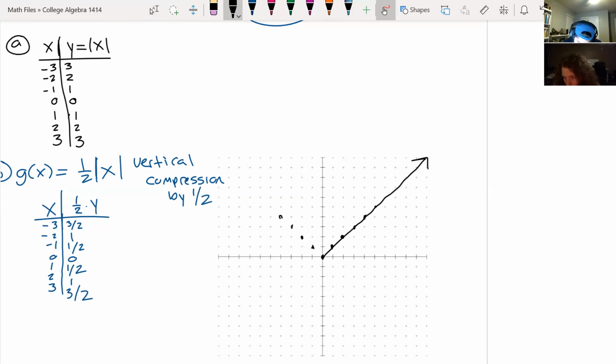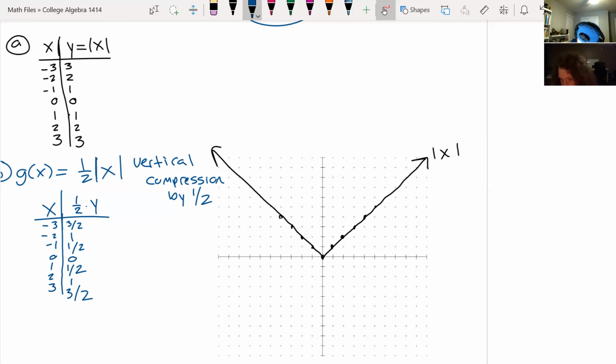I could not draw a straight line on the computer to save my life. There we go. There's the absolute value of x. Now let's go ahead and graph the vertically compressed absolute value of x. And you'd be at -3 and 3/2, which is 1.5.